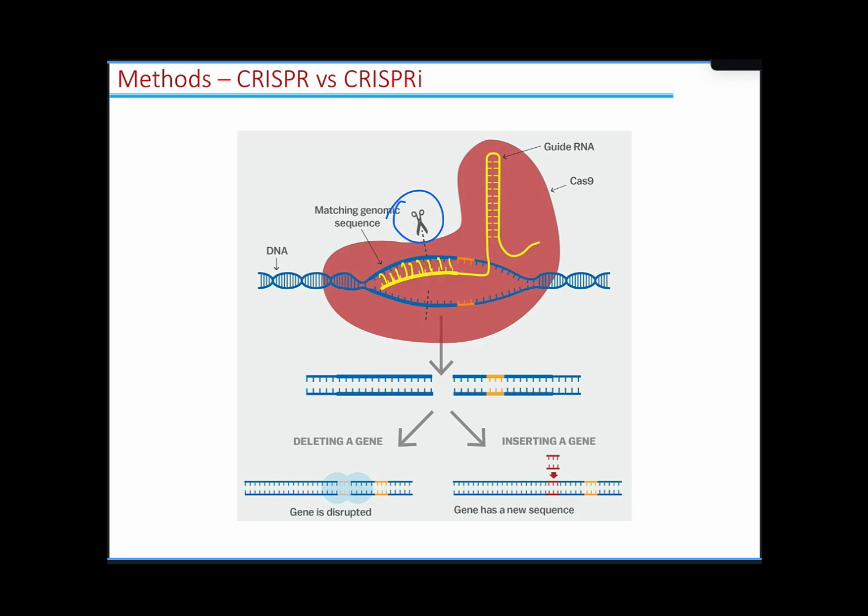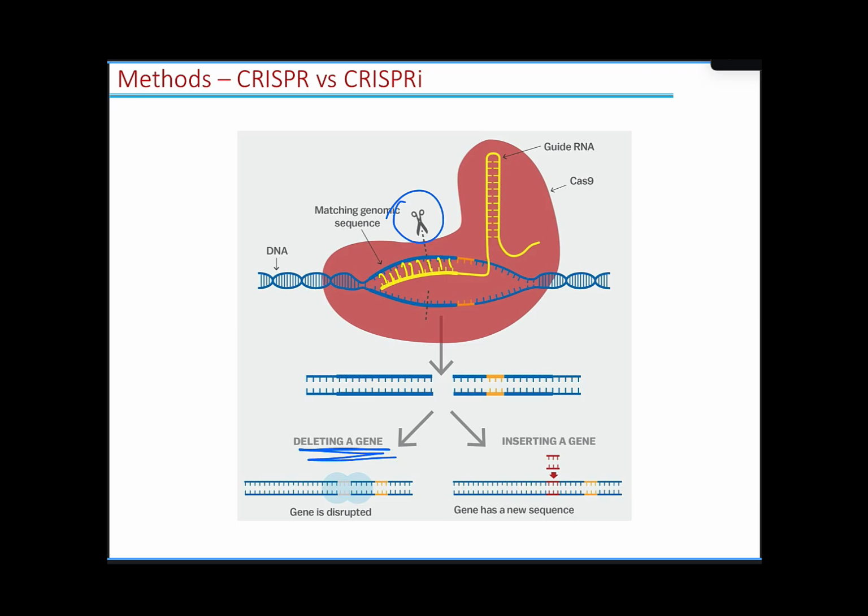And in classical CRISPR, what follows is we either let the cell repair that double strand break in DNA, which normally leads to deletions of small regions of DNA, because in trying to repair that break, the cell will often make some mistakes. So that leads to deletions. And that's how we're introducing a mutation with exquisite specificity.